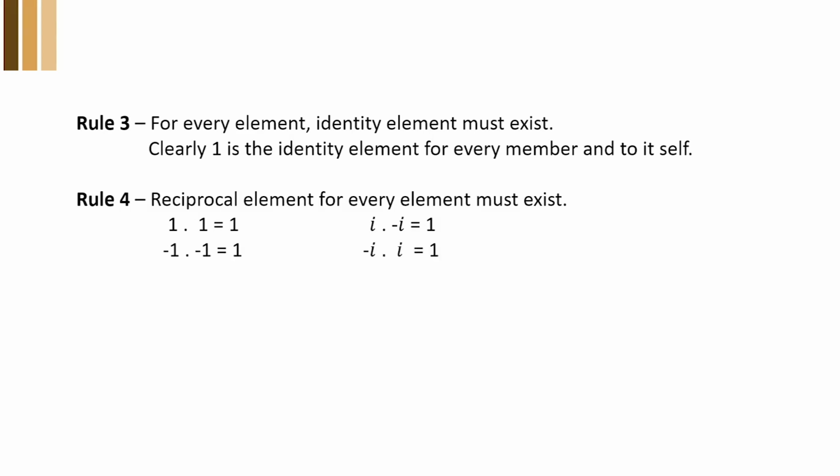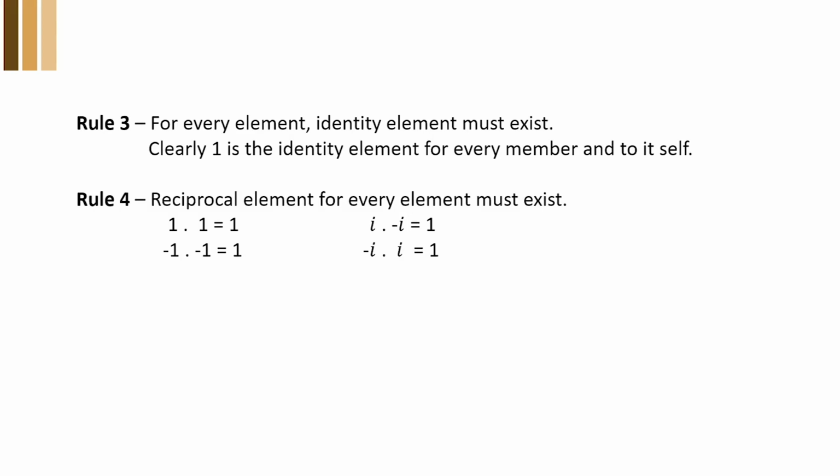What should be multiplied with -1? Obviously -1 itself. So you get 1, and -1 is the reciprocal of itself. What should be multiplied with i so that you get 1? If you multiply -i, you get -i squared, and that gives +1. Similarly, what should be multiplied to -i? Obviously i. So in both cases, the answer is 1.